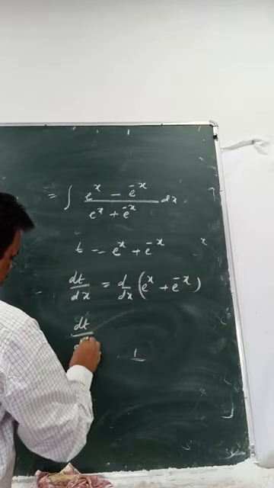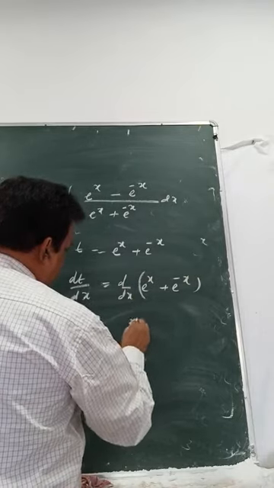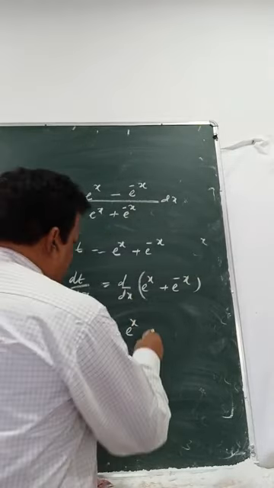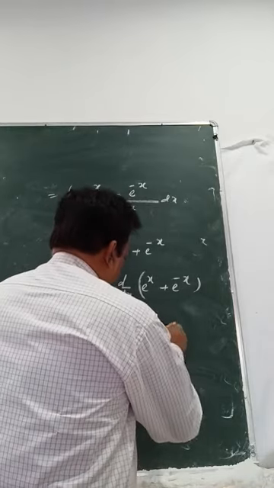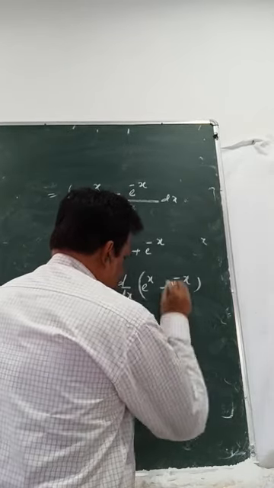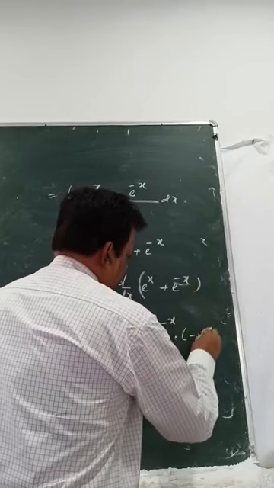The derivative of e to the power x is e to the power x. But when you find the derivative of e to the power minus x, the derivative of minus x is minus 1.